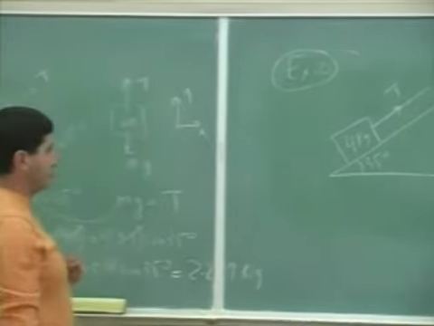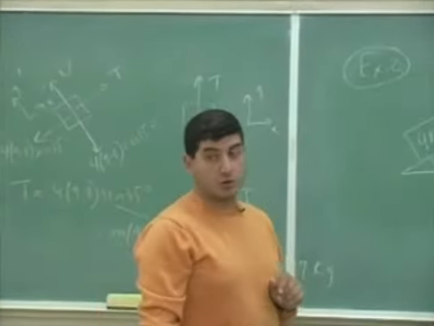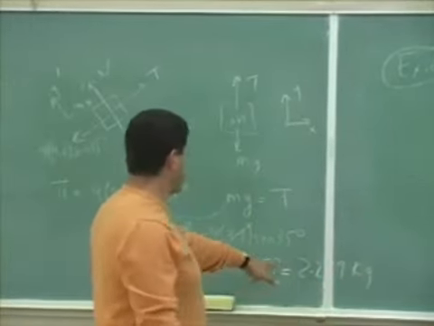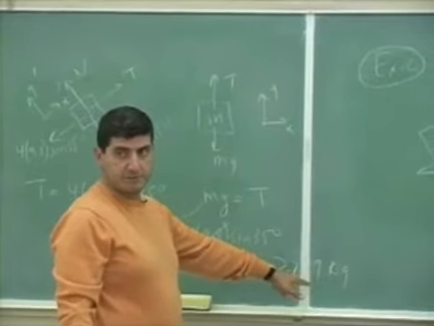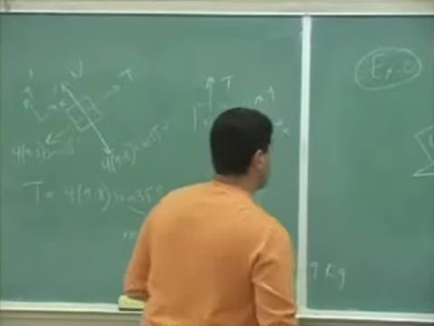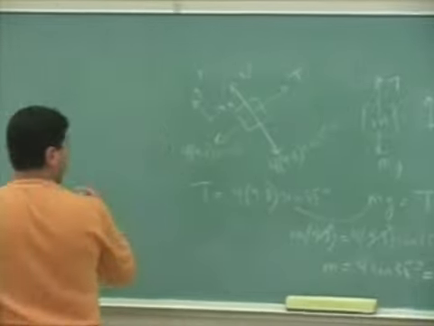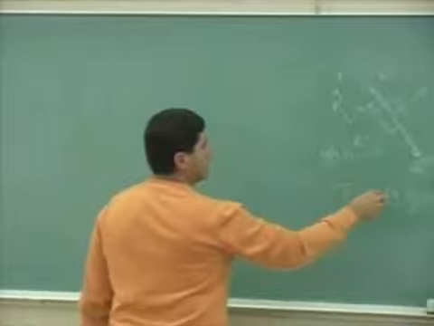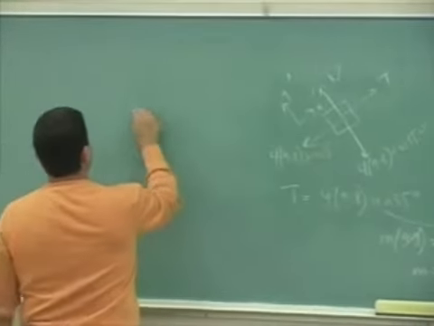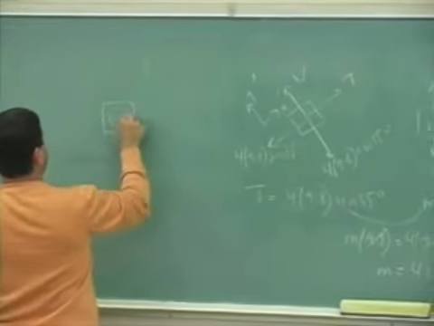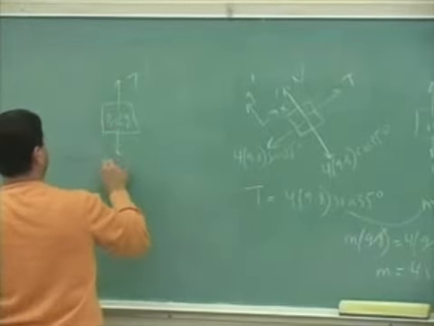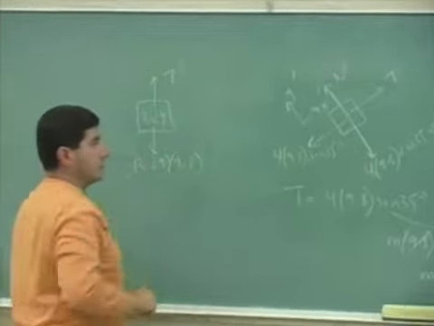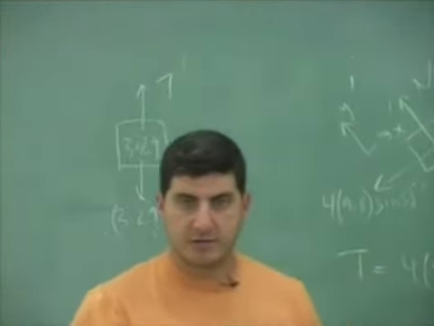Okay, so now 2.29. So now with part B, if M equals 1 kilogram more than this, what is the acceleration of the system? So now we're going to put 3.29 kilogram here. What happens here? Well, it's going to accelerate down, right?